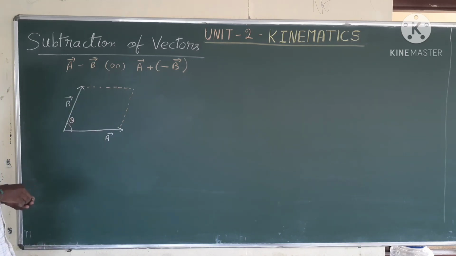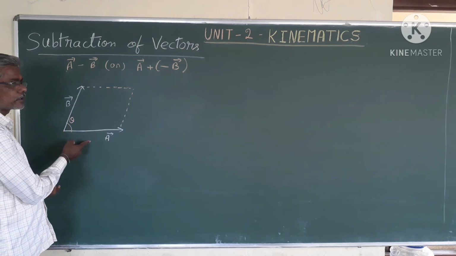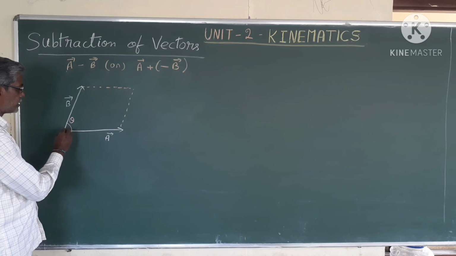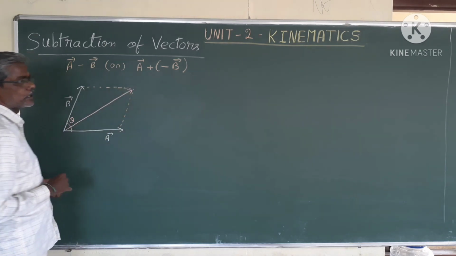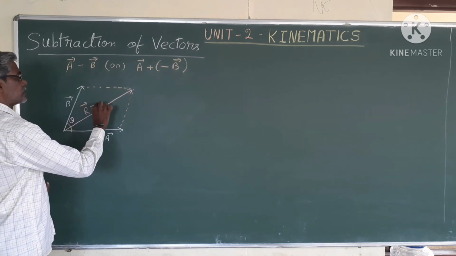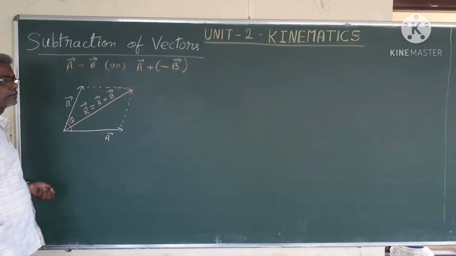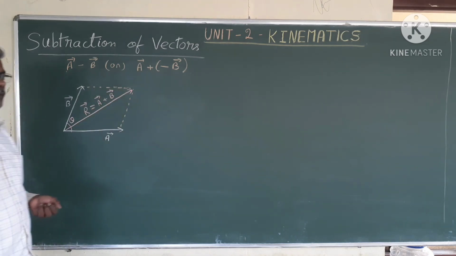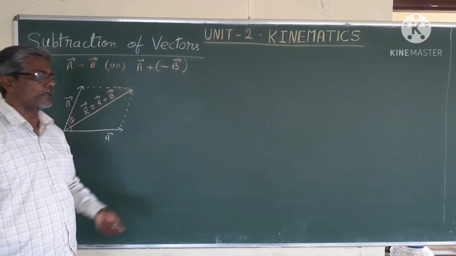Where will be the resultant vector? If I add these two, where will be the resultant vector? This resultant vector will be along the diagonal of the parallelogram, that is r vector is equal to a vector plus b vector.